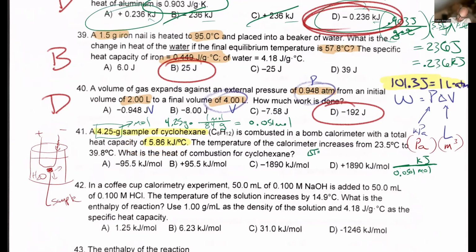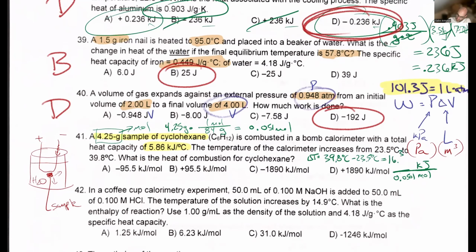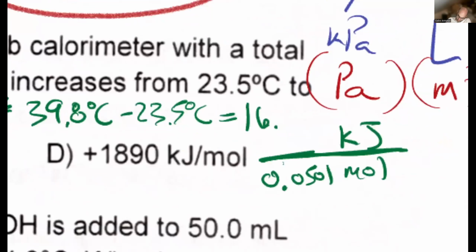Final minus initial, 39.8 degrees C minus 23.5 degrees C. So 39.8 minus my 23.5 gives me 16.3 degrees C.